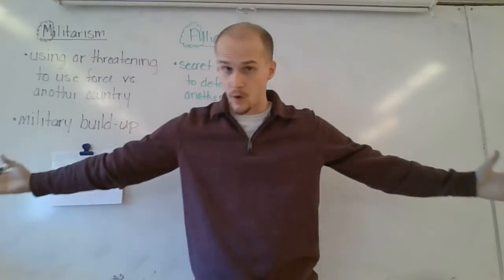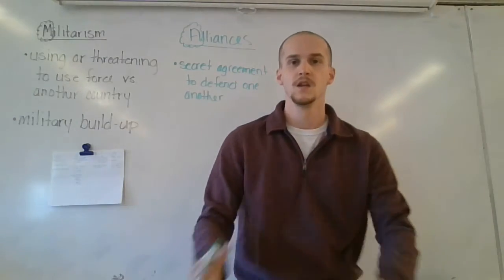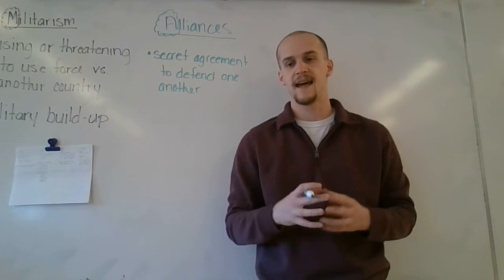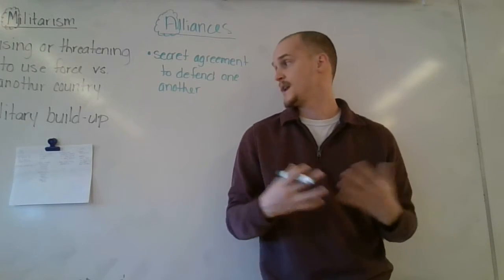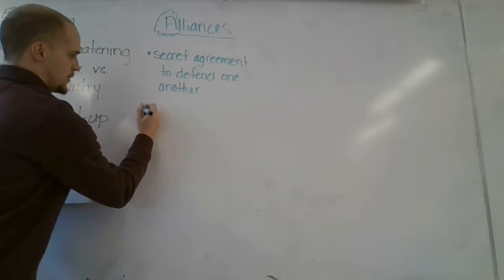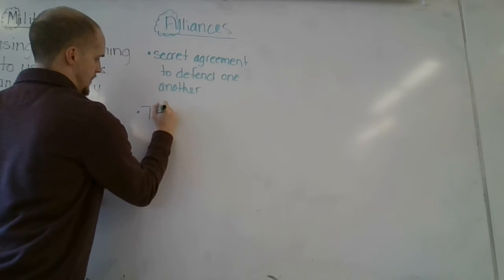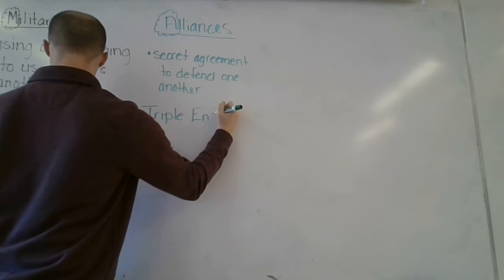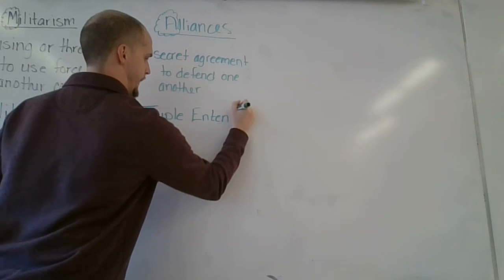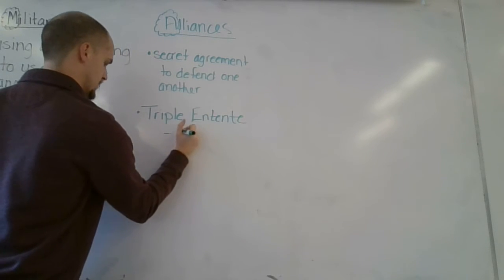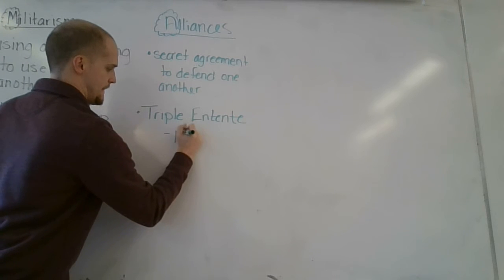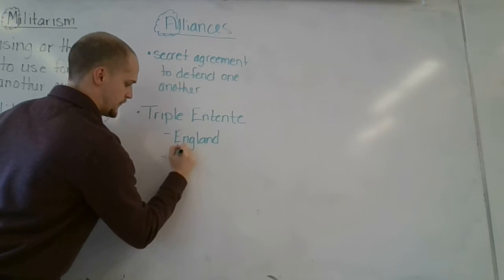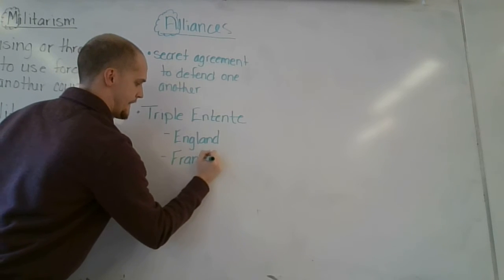Before World War I even breaks out, you have two major alliances that emerge that have these secret promises and agreements. The first is the Triple Entente, and that is England, France, and Russia.